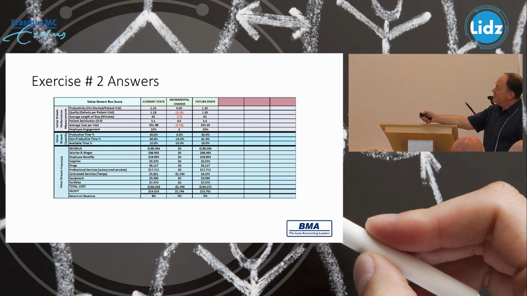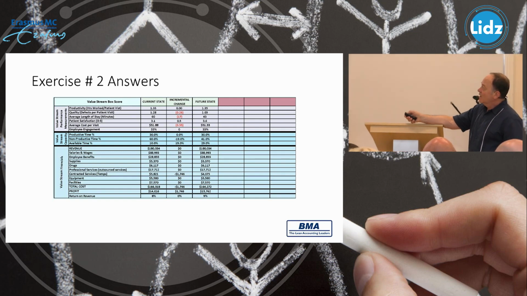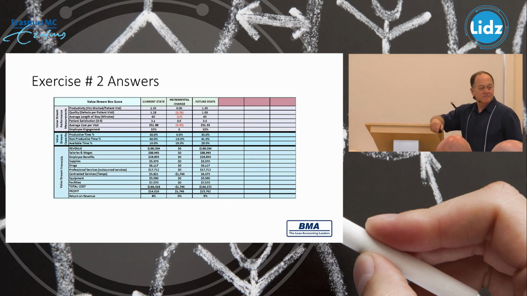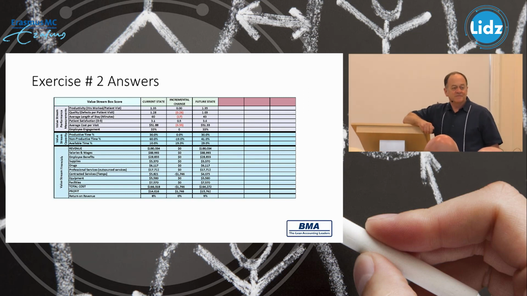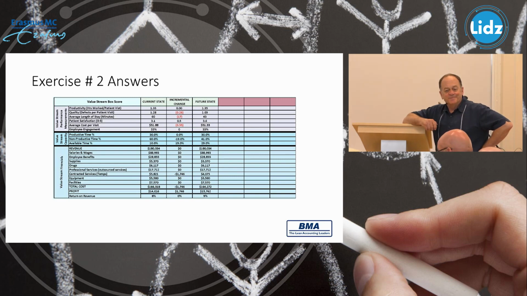And the available capacity has changed from 10% to 29%. And we saved a little bit of money on contracted services, so our profitability went up a bit. That's the power of the box score.